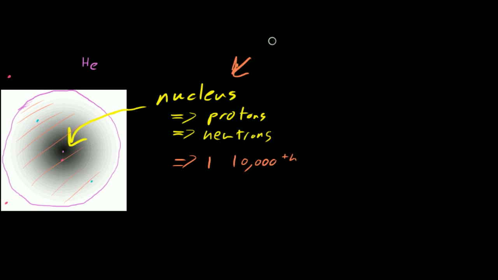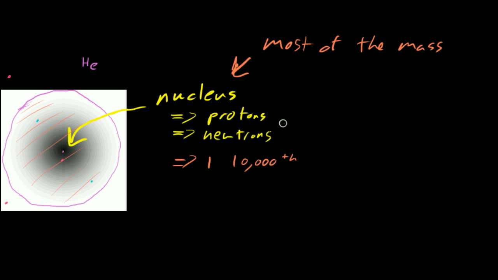So the nucleus has got most of the mass. It's very close to 100% of the mass, in this tiny little spot that's 1/10,000th the size of the entire atom.